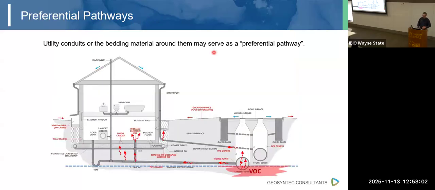And then the last challenge is preferential pathways. So you can have a sewer where you have contaminated groundwater that's entering into that sewer, or it might be going through contaminated soil and there's vapors going into that sewer. And then that can travel through sewers, other utilities, and then directly get into buildings through that.